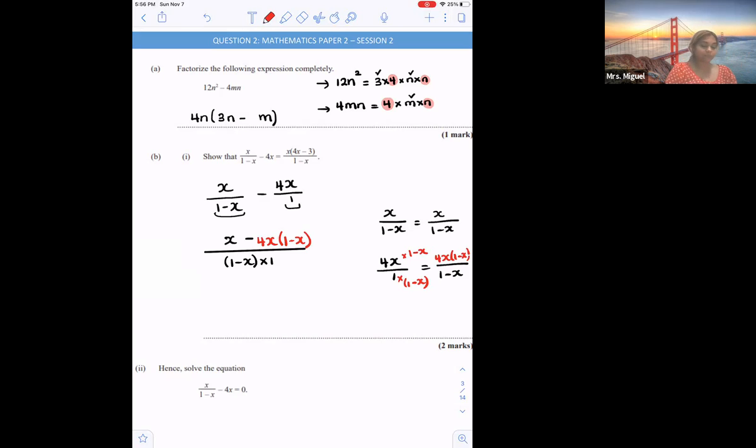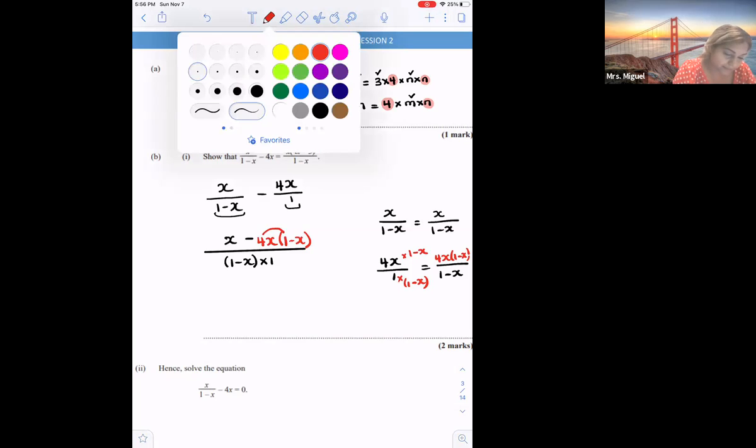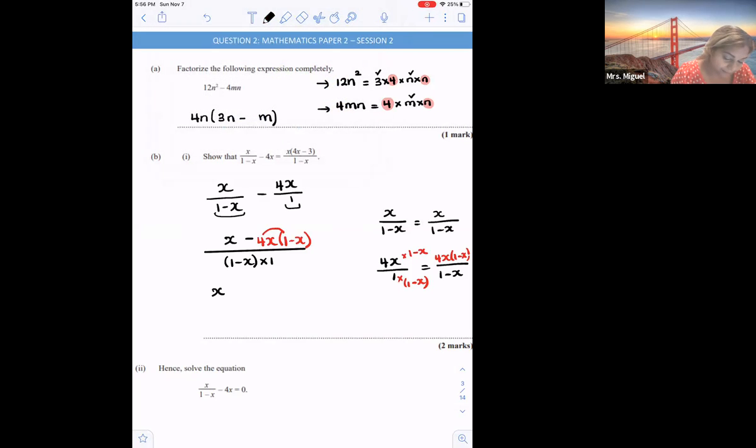So this by that, here we will get x minus 4x, and a negative multiplied by a positive will give me positive 4x squared over 1 minus x.